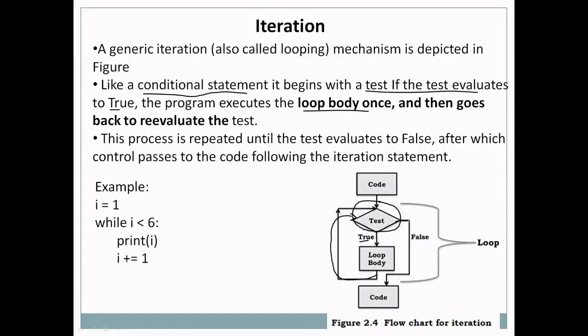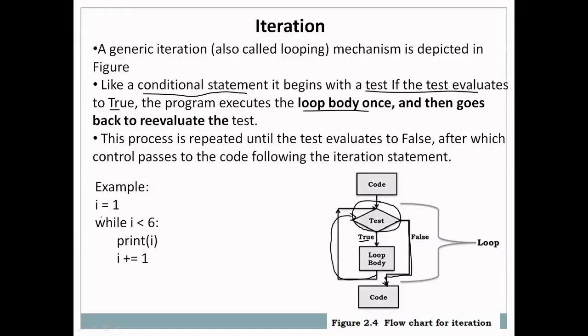Once it is false, it will simply come out of this loop and continue execution of the next code block. So this is how the looping statement works.